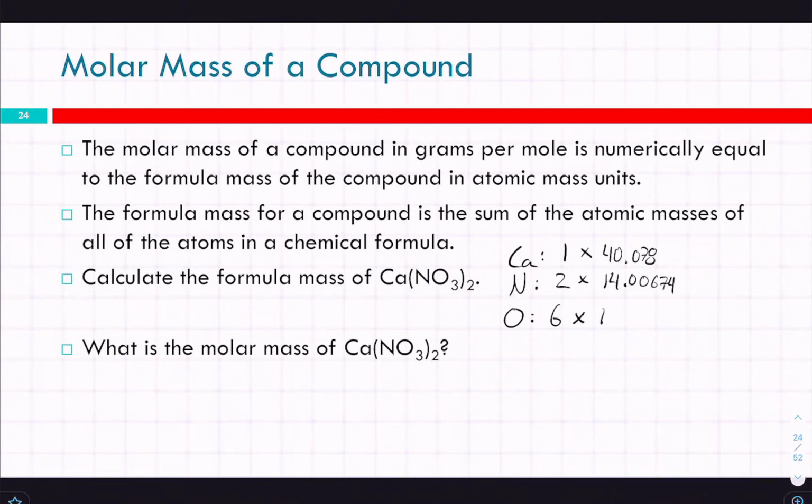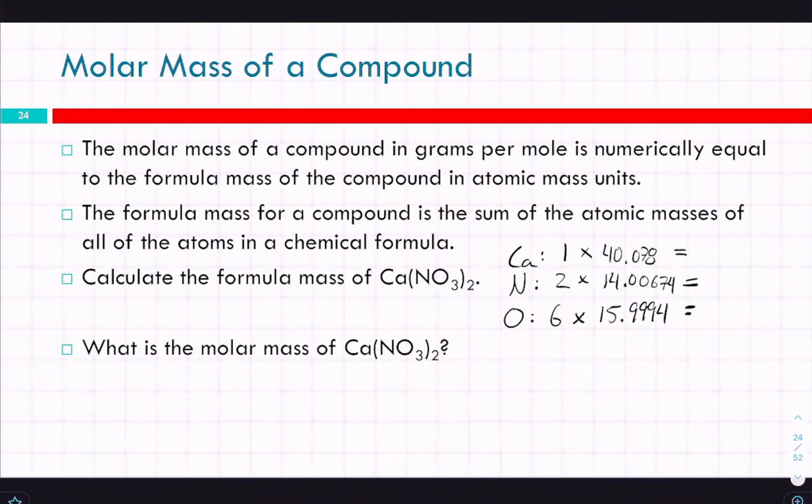And then for oxygen, it's not 16, it's 15.9994 on this one. For some different periodic tables, they round to different numbers of digits. So that's why you'll see slightly different numbers. Like for oxygen, it's usually rounded to 16.00.